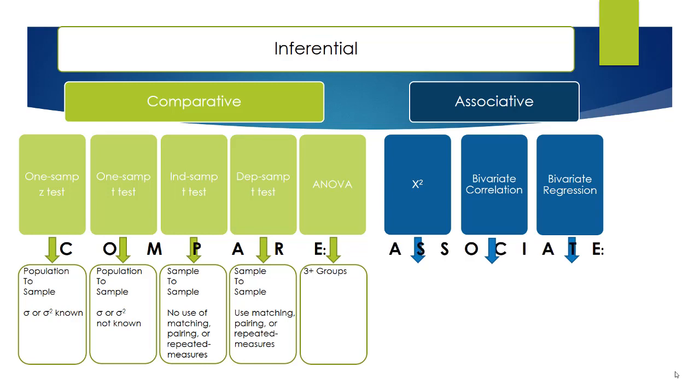All right, with the associative inferential statistics, we are going to associate, in the case of the chi-square, a nominal variable with another nominal variable. So again, here we have a categorical type of variable such as male-female, and then we are looking at the associations between that and another categorical type of variable such as college major.